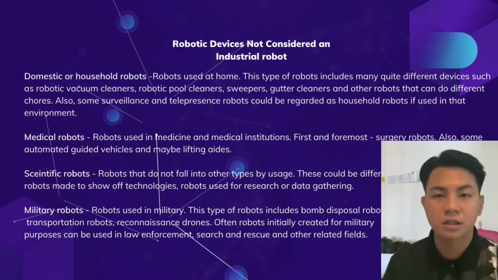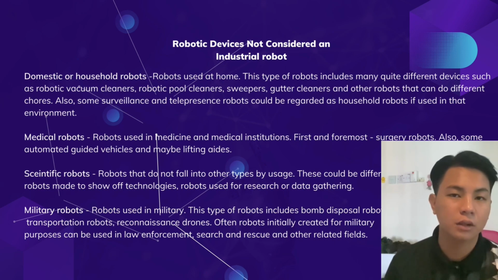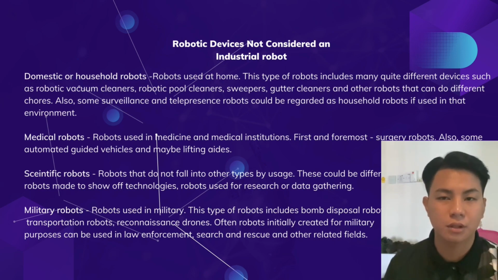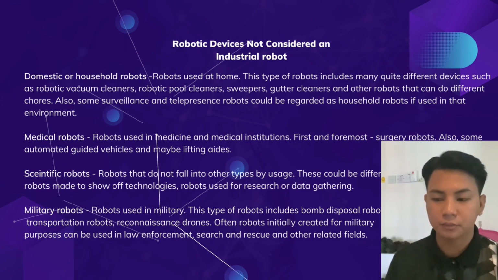Thirdly is scientific robots. Robots that do not fall into other types by usage. This could be different data gathering robots, robots made to show off technologies, and robots used for research or data gathering.